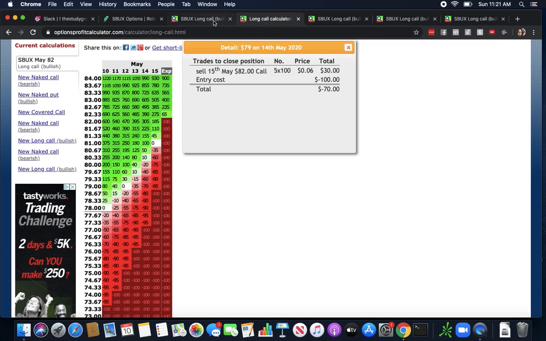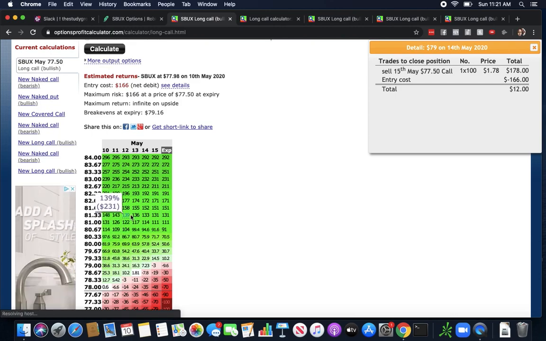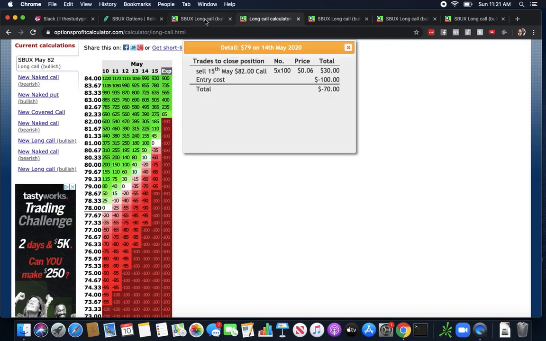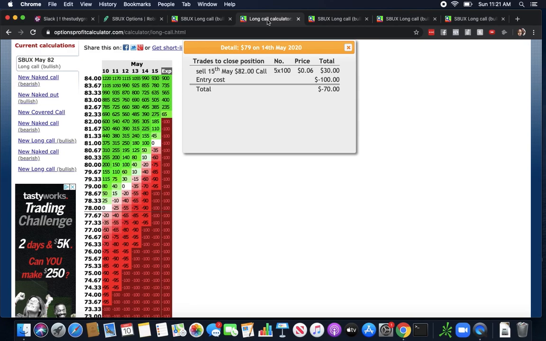But if you're taking the slow and steady route, you may be better off looking at some in the money calls. Again, it all boils down to your strategy, your risk tolerance, and what you have. But I just wanted to show you really quickly the difference between the profits on the in the money contracts and the out of the money contracts. So hopefully this helps and it makes sense.